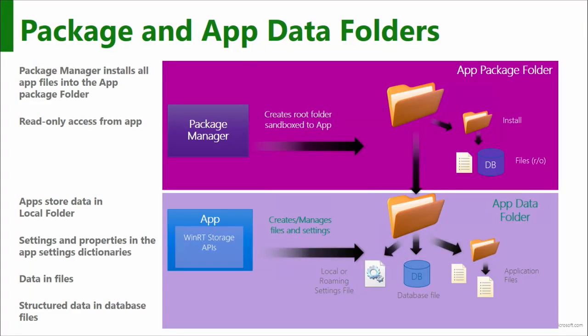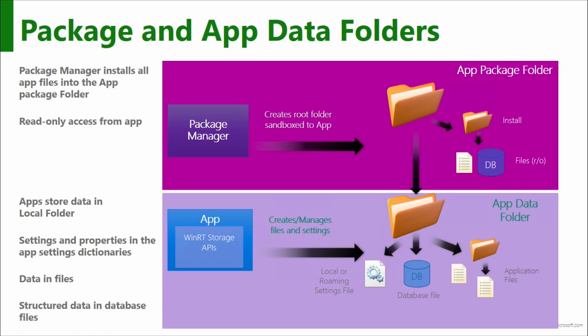Okay, so one of the things I might do is ship information with my application. That could be an initial database, something like SQLite, but you said it was read-only. So what's the strategy for me to be able to leverage my package folder? Yeah, so this picture here shows the two logical places you can think of for that. When the user installs an app onto a target device, this thing called a package manager takes control of unpacking it all and storing it away into the folders where your app gets installed.